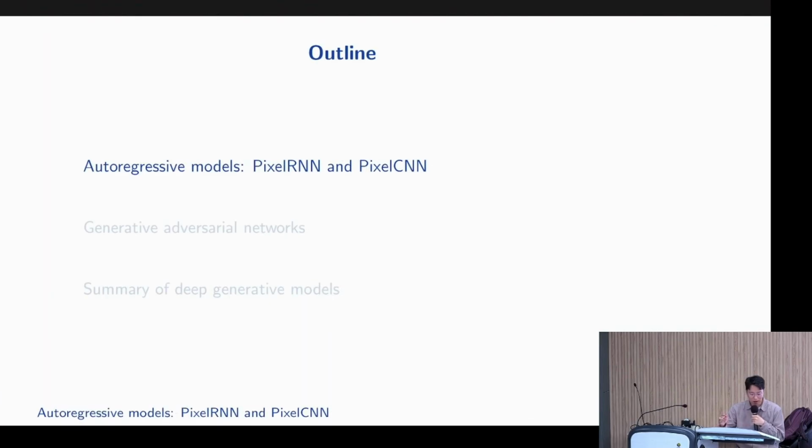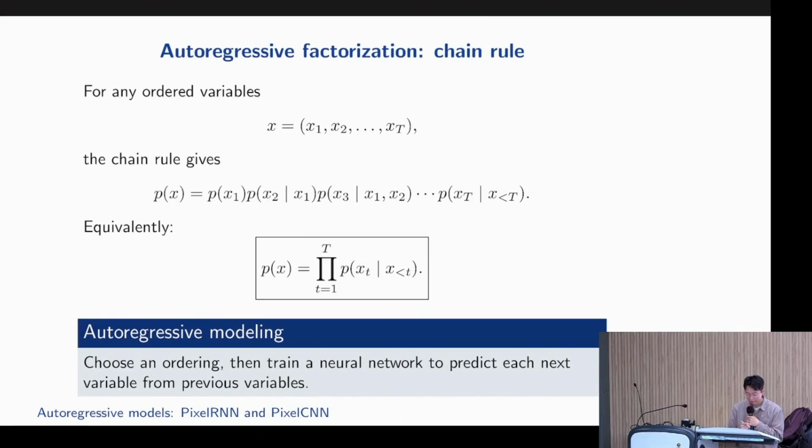So let's first talk about autoregressive models like PixelRNN, PixelCNN. So here, the idea is to model the distribution using the probability chain rule. So given any ordered random variables x1 through xT, the chain rule gives us the simple breakdown of p of x. The joint distribution of data is p of x1 times p of x2 given x1, x3 given x1, x2, and so forth.